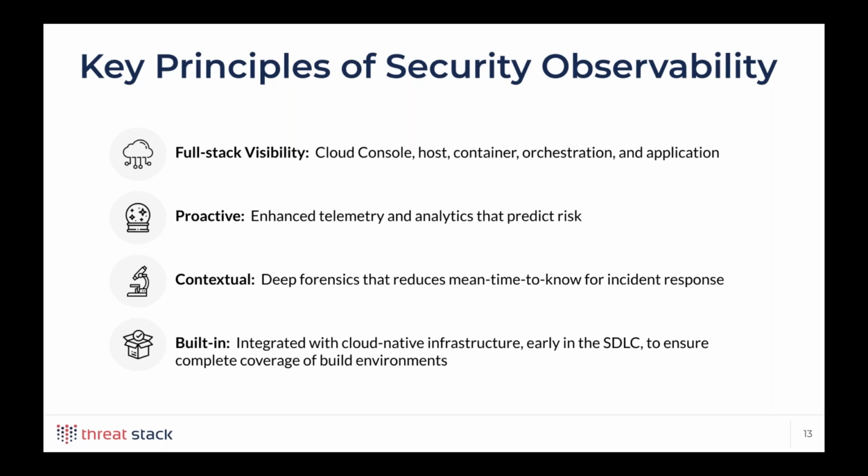So if you have machine instances or images, you want to make sure that you've got the presence of an agent to be able to gather telemetry from it. You need presence in containers as they spin up so that you're identifying risk there. So the more security observability is built in, the more flexibly and easily you can stretch left, and extend security observability to your entire build pipeline.